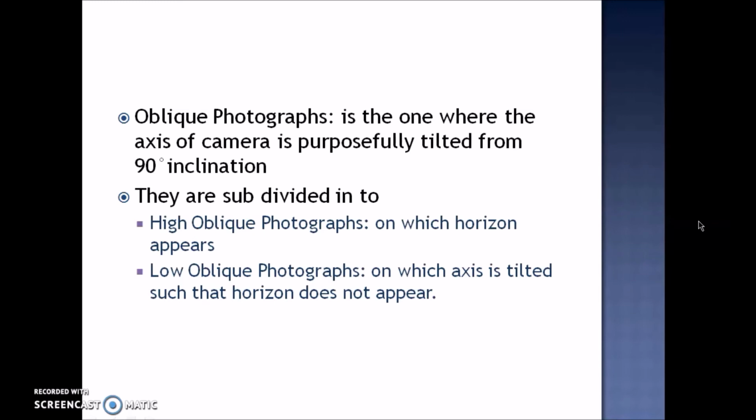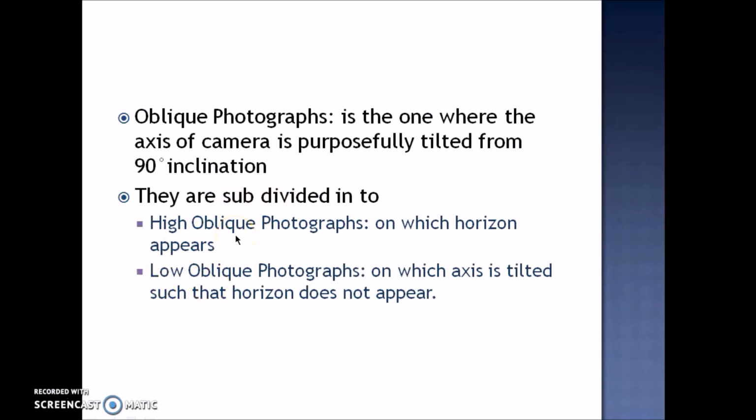If the angle is anyway greater than or less than 90 degrees, then we call it oblique. If the axis of the camera is purposefully tilted from 90 degrees inclination, then we call them oblique photographs. That is again divided into two: one is high oblique, another is low oblique.